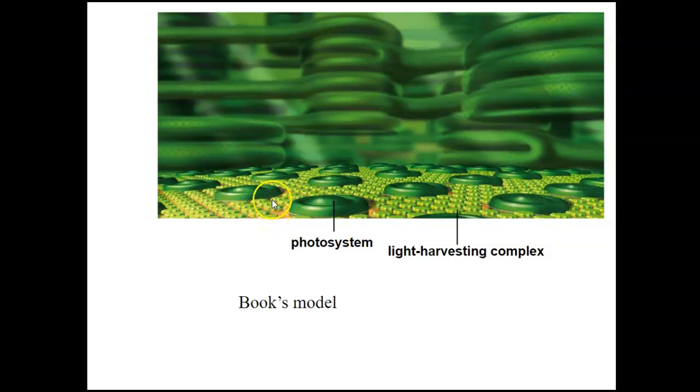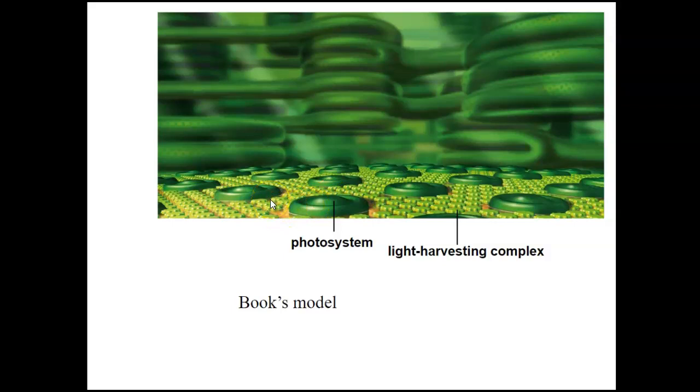These other pigments, could be other chlorophyll pigments, are absorbing light and trying to basically bounce that light in toward the central reactive area.